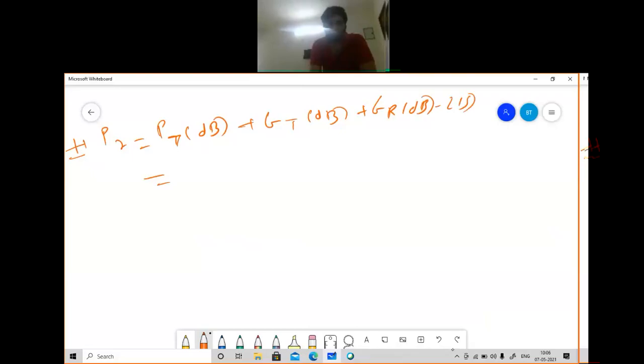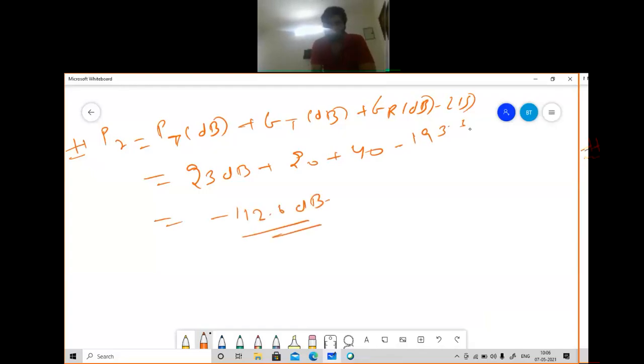Power transmitted was given as 23 dB, gain was given as 20, plus gain received was given as 40. LS we have calculated, that is minus 193.6. After doing this, we will get close to minus 112.6 dB.